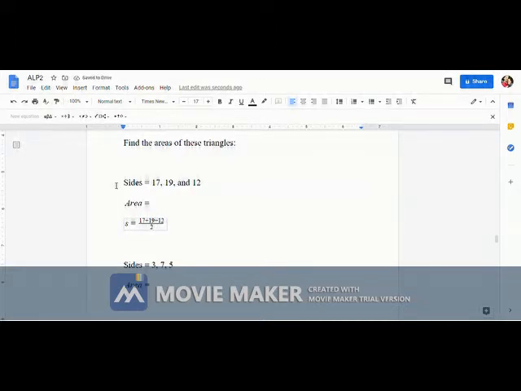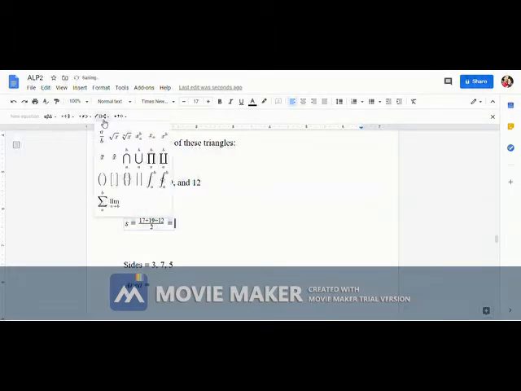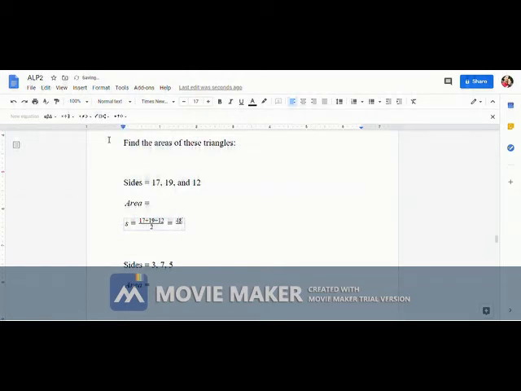Okay? And that's going to equal 48 over 2, which in turn equals 24.